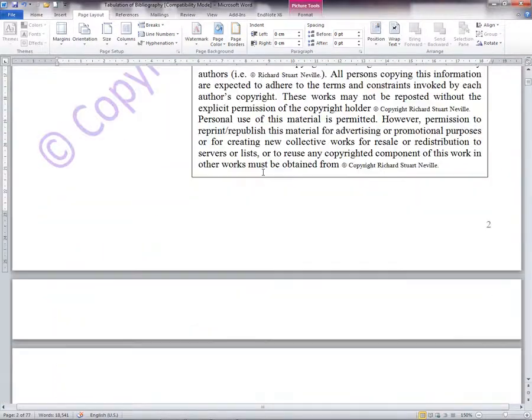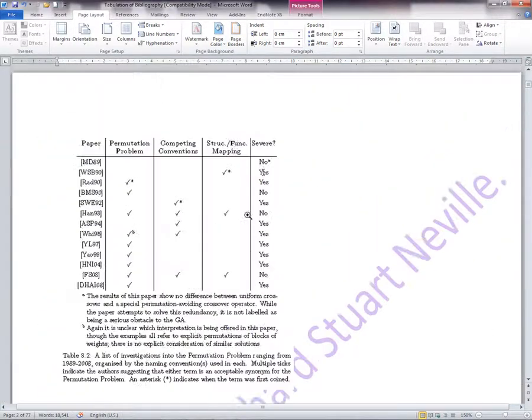So let's go and look at this in another diagram. So here's another diagram, and here Stefan's actually got more columns. So it's become a bit more of an issue. We've got permutation problem, competing convention, structure, stroke, functional mapping. And now he's done something quite good in the sense that he's highlighted a very important issue, which is the severity of this issue.